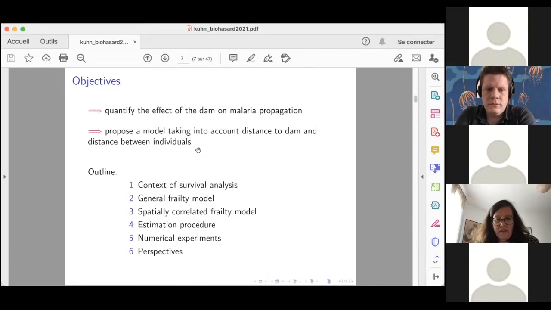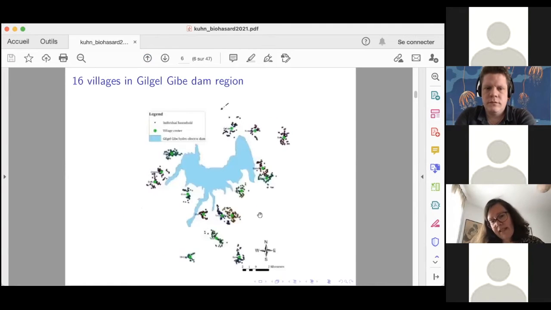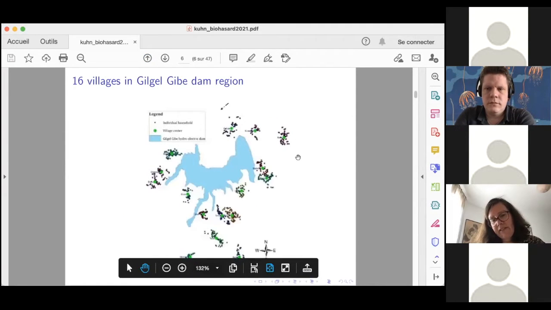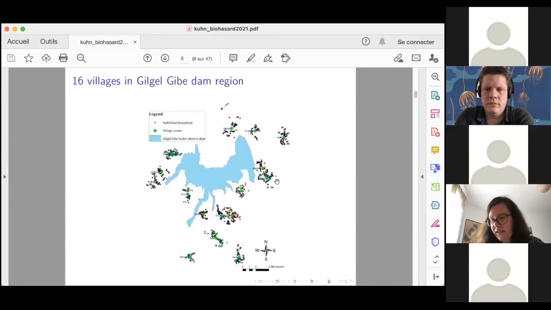The previous analyses were done with models which did not take both together, or they tried to take both together, but they considered the proximity not between individuals but between villages.